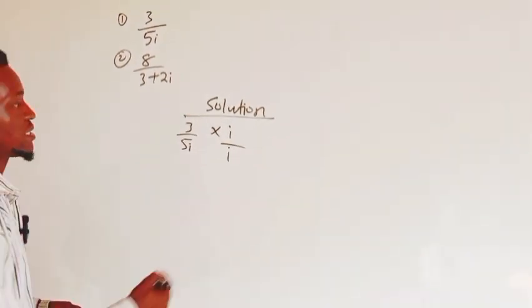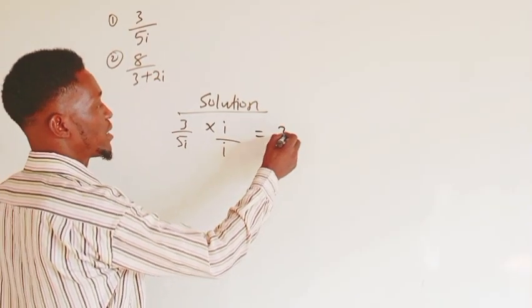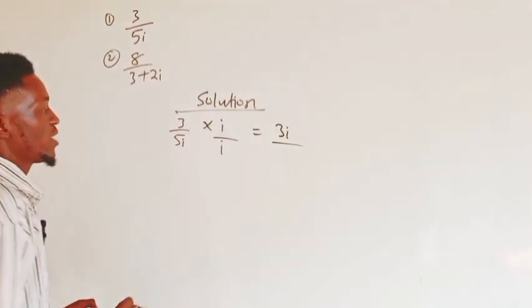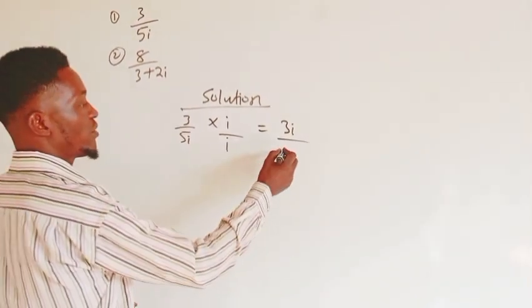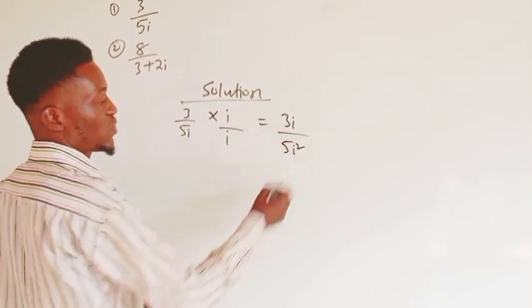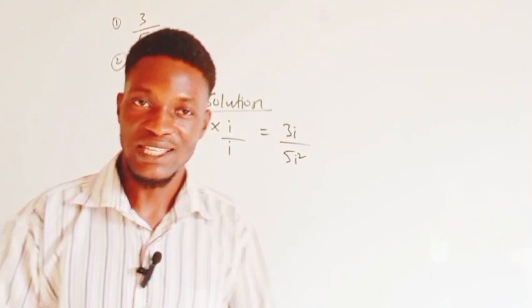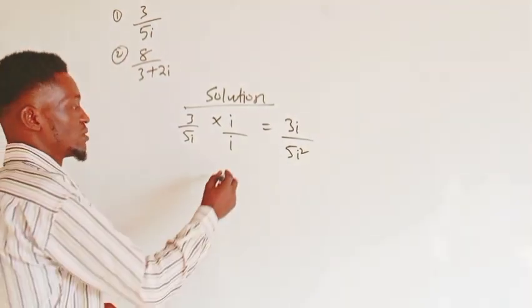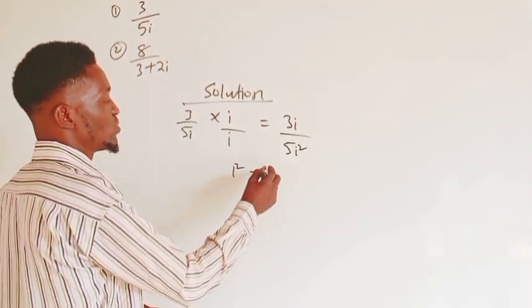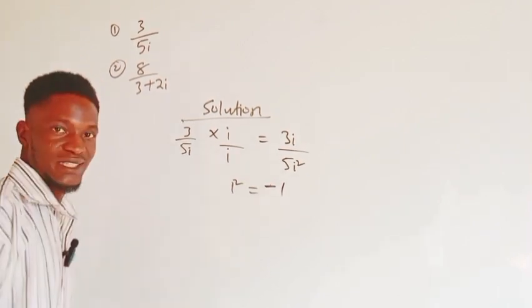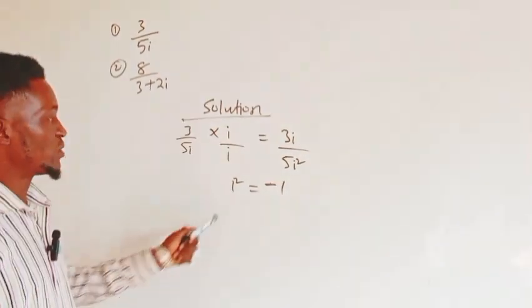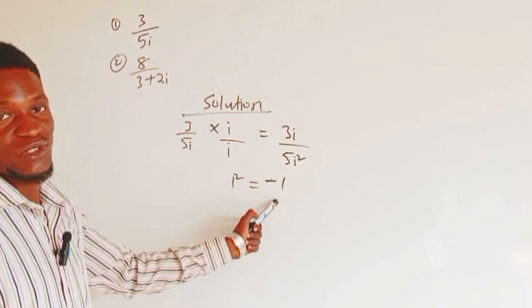So 3 times i is going to be 3i. 5i times i is 5i squared, ain't it? For the imaginary identity, we know that i squared is equal to minus 1, ain't it? So whenever I see i squared, I represent it as minus 1.